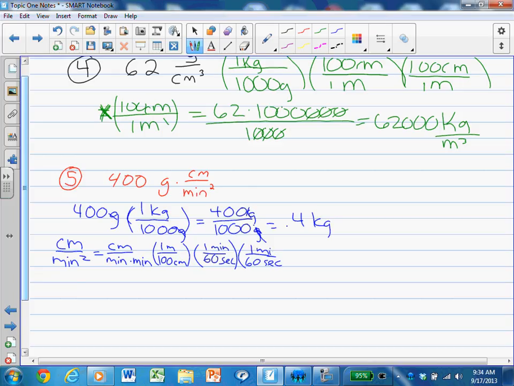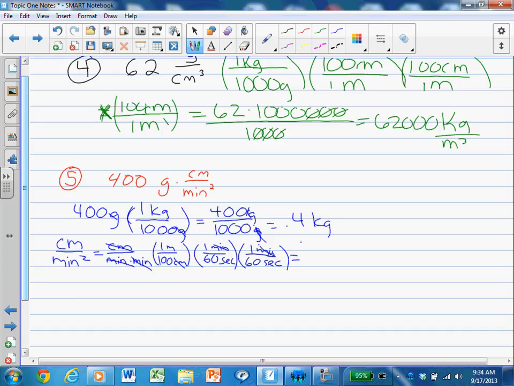And another 1 minute up there. Okay. She's canceling stuff now. She's left with meters over seconds squared. Oh, you can see it's a mass times an acceleration.